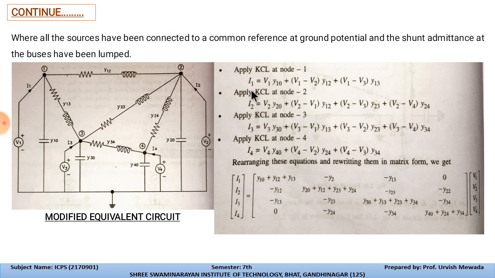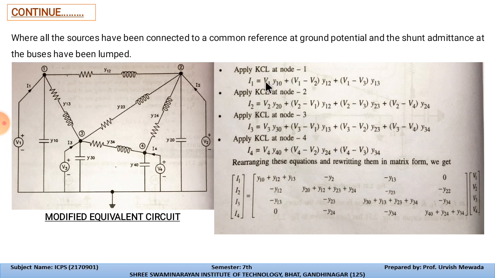I is equal to V into Y, because Z is equal to V upon I, so Y is equal to I by V. Suppose we write the equation in terms of V and I, Z is equal to V upon I, and Y is equal to I by V. That's why we are applying Kirchhoff's current law.